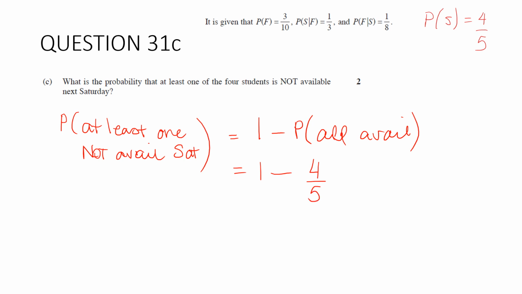They all have the same probability, remember, and there's 4 of them, so it's 4/5 times 4/5 times 4/5 times 4/5. And on the calculator, it's equal to 369 on 625, which is approximately equal to 0.59 or 59%.